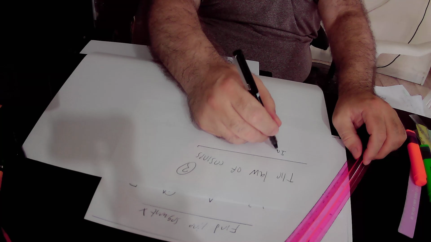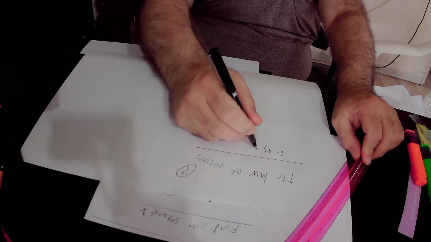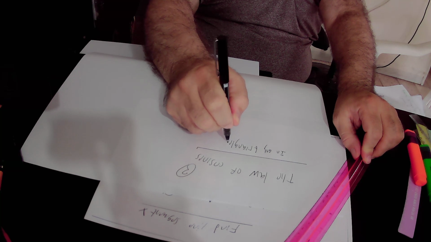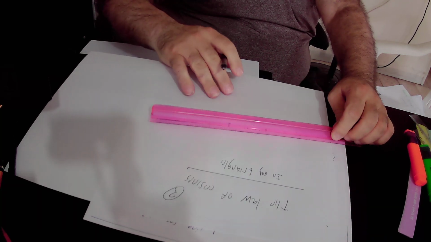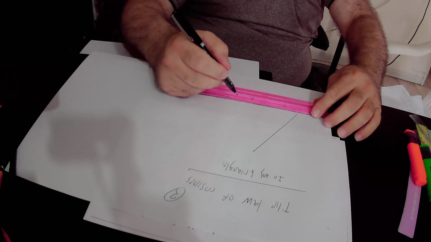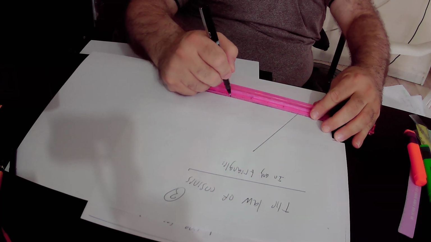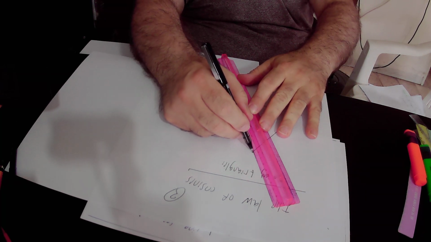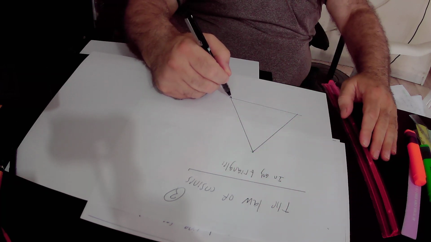So in any triangle, if we have this triangle, triangle ABC, it could be any triangle. This is triangle ABC.